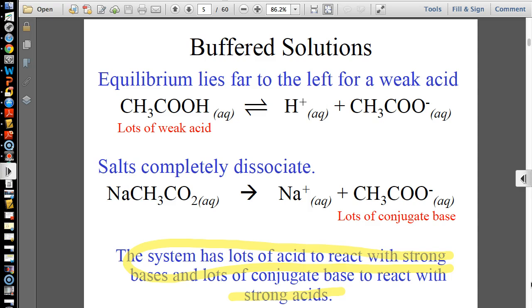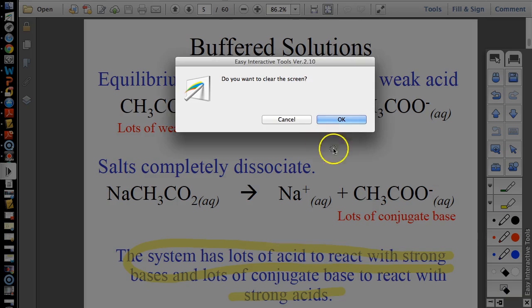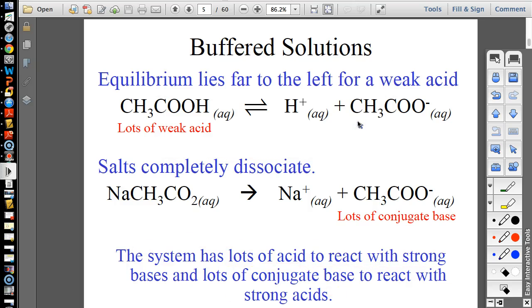So ideally, you want a weak acid and its conjugate base, at high concentrations of both. And ideally, you want equal and high concentrations of both, right? So they'll be able to withstand pressure in either direction. Still okay with me? Okay.